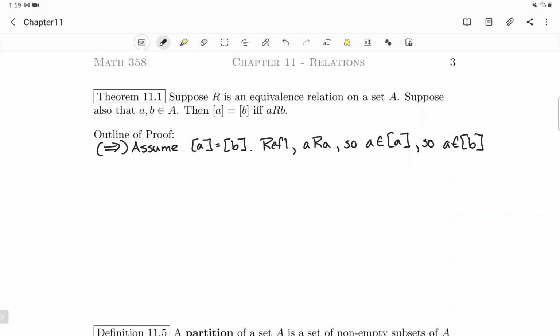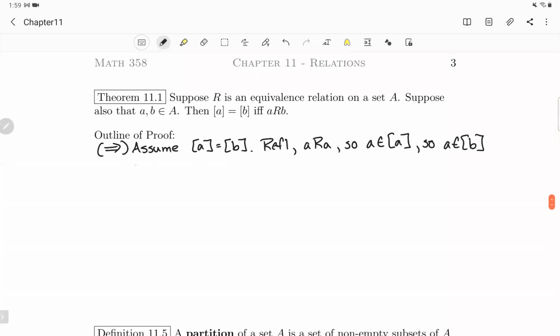What does it mean to be in the equivalence class? They're related. So A is related to B. That's the easier direction. The other one's not bad either. Equivalence relations come up in a lot of math, and we'll see why as we keep going, why they're important, but they're very, very useful.